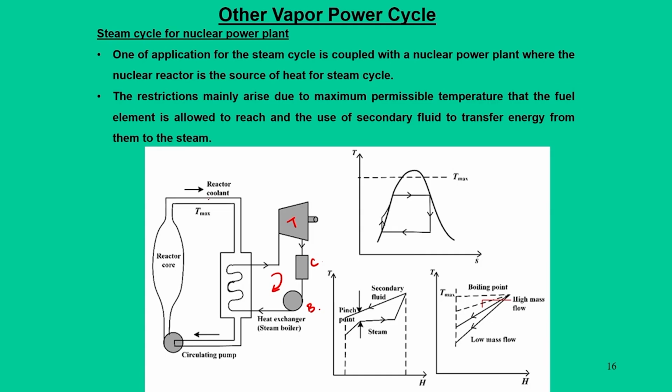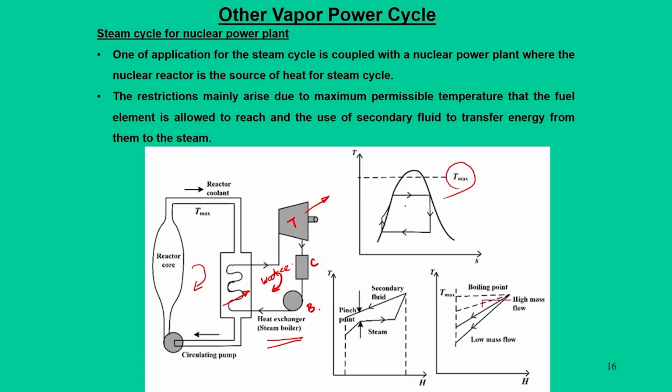Basically the reactor coolant gives heat to this Rankine cycle, which acts as a steam boiler to produce the power. We have a primary fluid which is water, and a secondary fluid which is circulated here, and the upper limit for this working fluid would be T max.